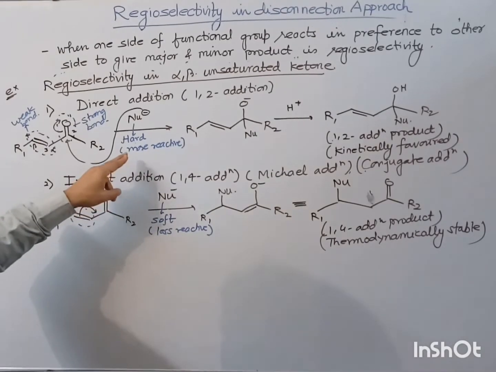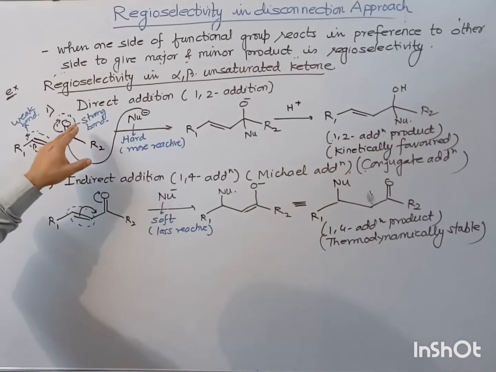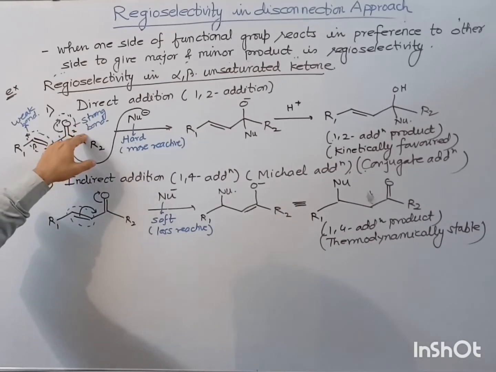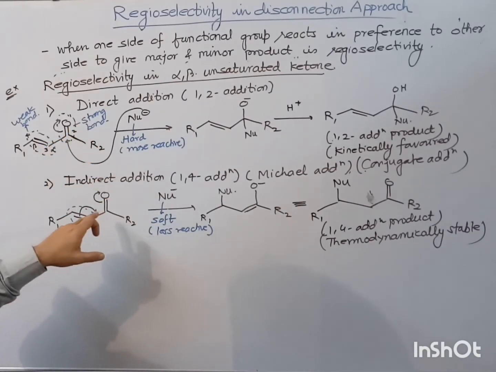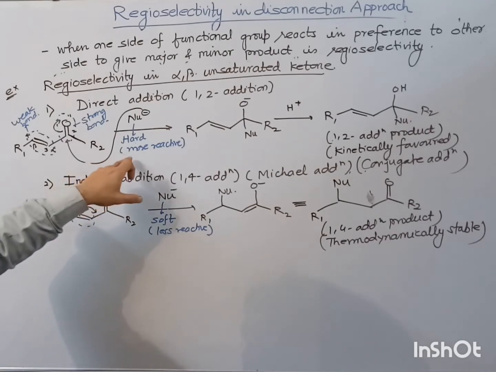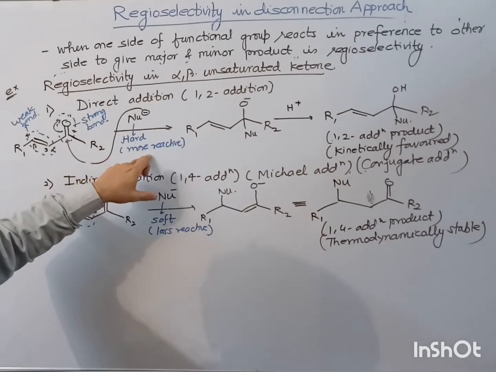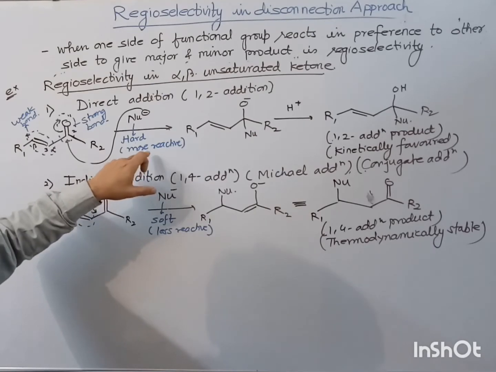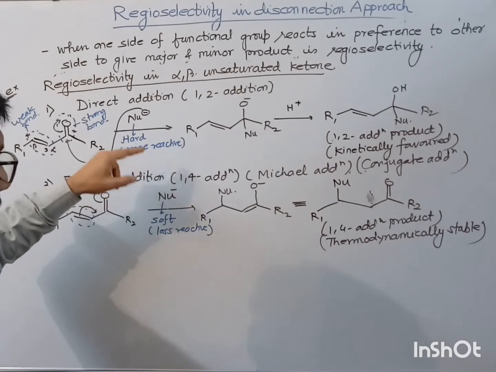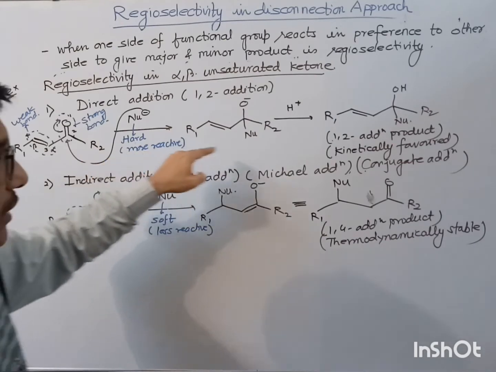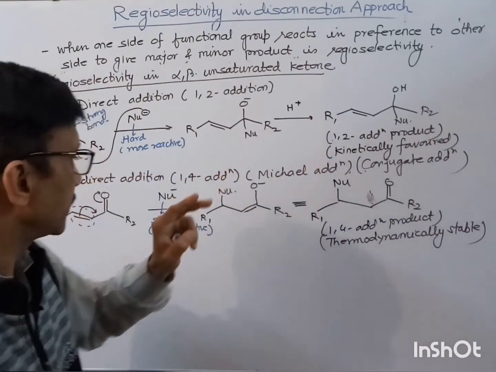As you can see, a hard nucleophile attacks at the strong center. A soft nucleophile attacks at a weak center. The hard nucleophile, being more reactive and having higher energy, will give you the kinetically favored product.